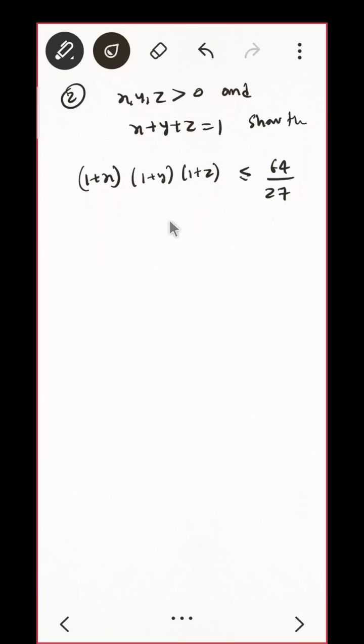Can you prove this? I'll give just 1 minute. Here you see, the right hand side has no such term. Just try to think about it.